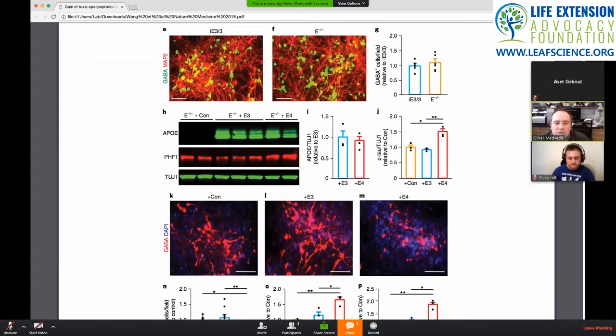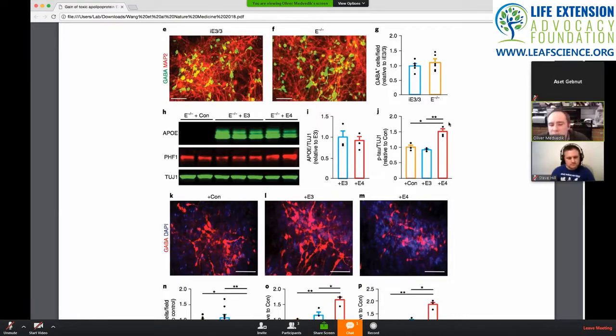So this is basically a Western, I believe, with some fluorescent antibody. This is your control, and here is one of your phosphorylated versions of tau. So the ApoE relative to E3 levels, when they express it, are about the same, but the phosphorylated phospho-tau goes up.